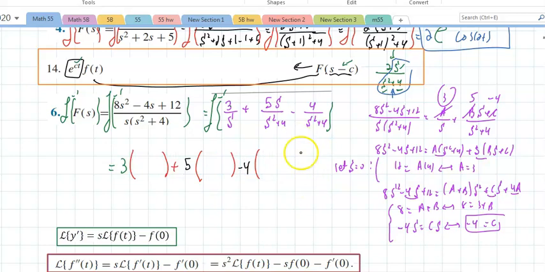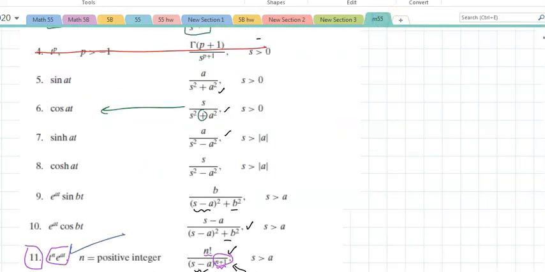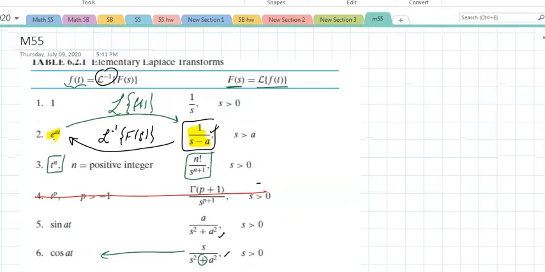If I'm looking at that table, and you should have that table handy next to you, 3 over s. The 3, the constant, will come up, there's s. Isn't that a 1?